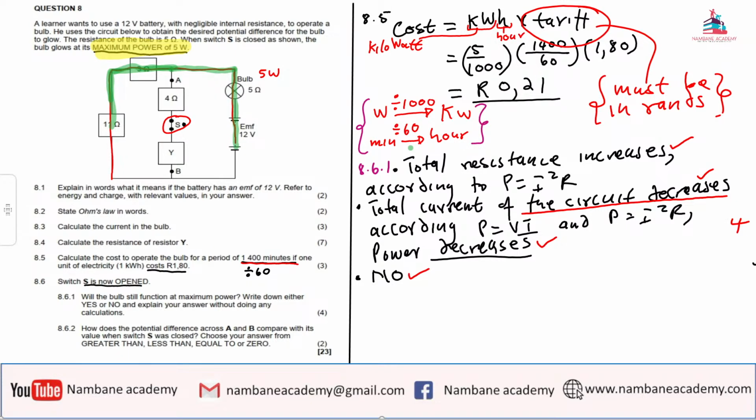Thank you very much. Ladies and gentlemen, with that being said, let's go straight to 8.6.2. How does the potential difference across A and B compare with its value when switch S is closed? The switch S is now opened. That is the statement at 8.6.